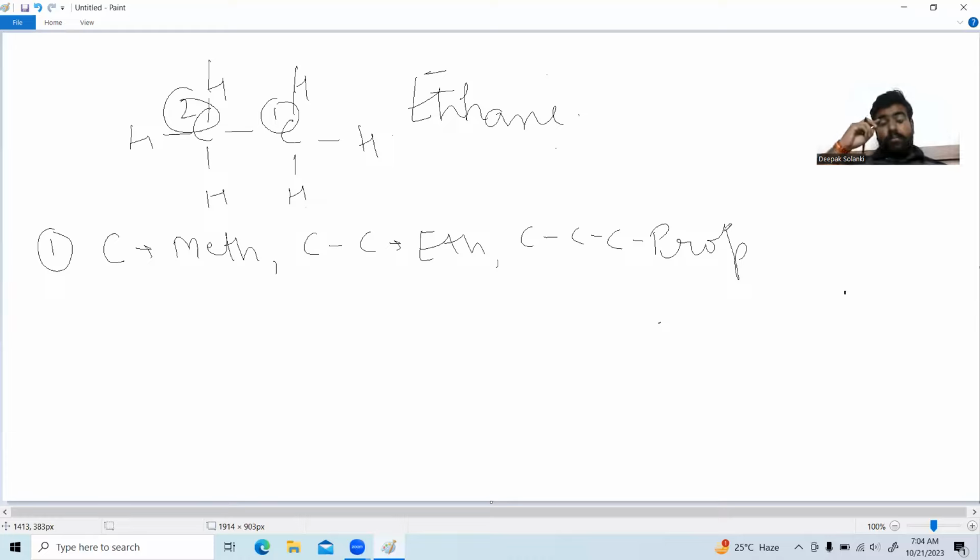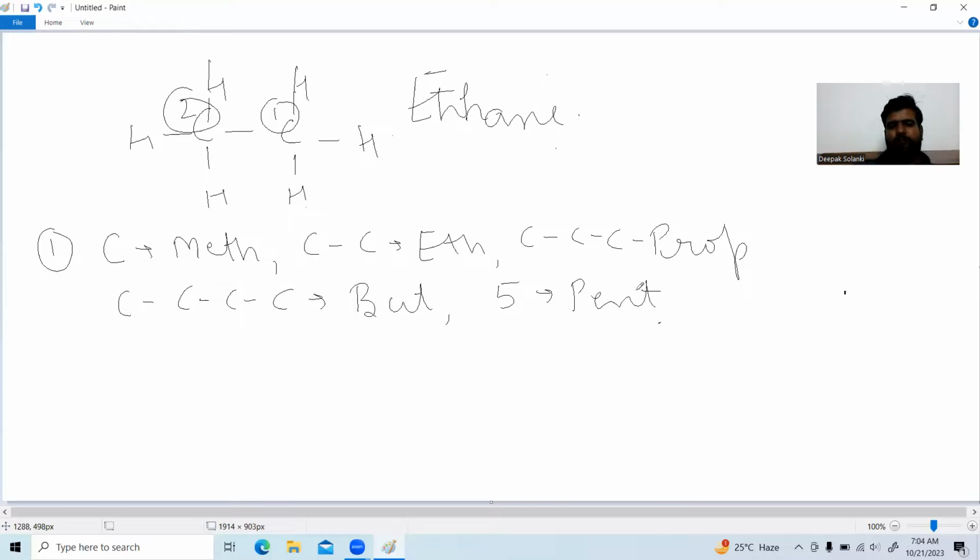I am only talking about the prefix here, and the suffix will be named according to alkane, alkene, and alkyne. If we have a 4 carbon chain, we name it but. If 5, then pent. If 6, hex.